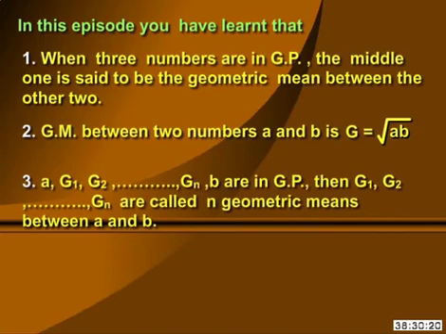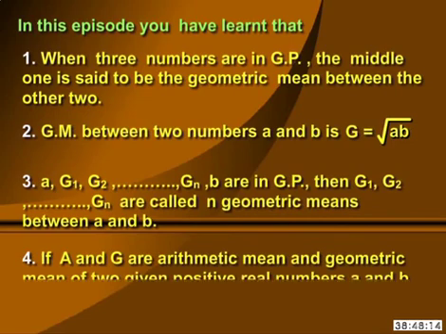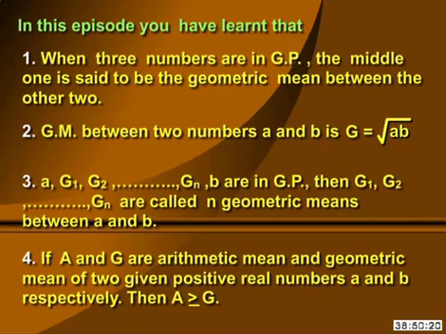If a, g1, g2 up to so on gn, b are in GP, then g1, g2 up to so on gn are called n geometric means between a and b. If A and G are arithmetic mean and geometric mean of two given positive real numbers a and b respectively, then A is greater than or equal to G.